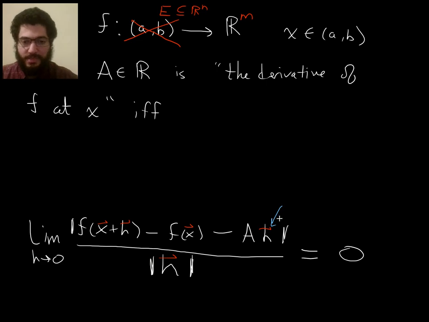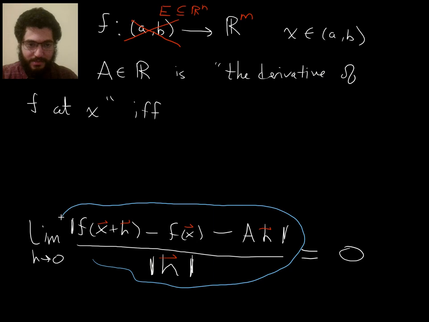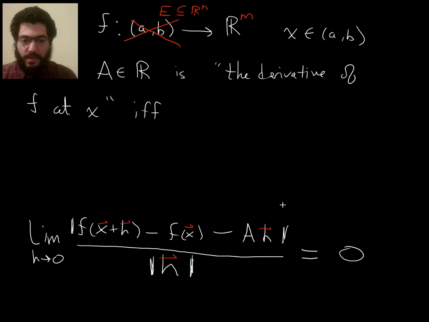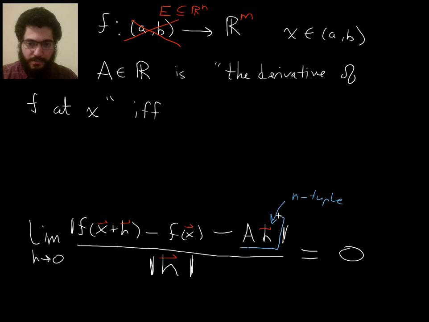So there's not one particular h to talk about here, but for this function of h inside the limit, whose limit I'm taking, the h runs over n-tuple values. So this is an n-tuple. And what does this thing as a whole have to be in order for everything to make sense? Well, it has to have the same type as what these output, and that's that it has to be an m-tuple.